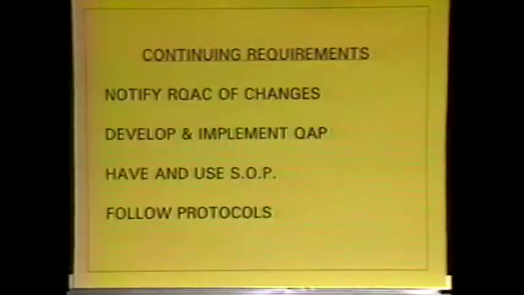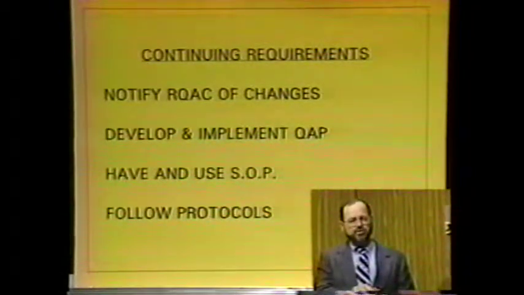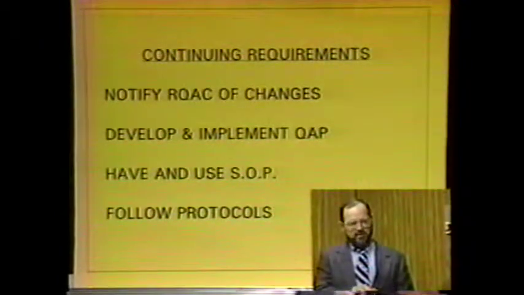Now, for continuing requirements, I've listed those additional ones. You're to notify the Quality Assurance Control Officer at the RMP program of any changes. If you change your mailing address, for example, then you're to notify them that you have changed your mailing address. That makes sense. Again, develop and implement a quality assurance plan.